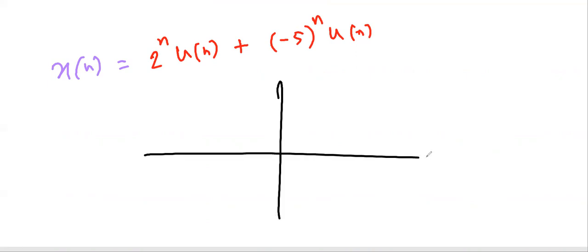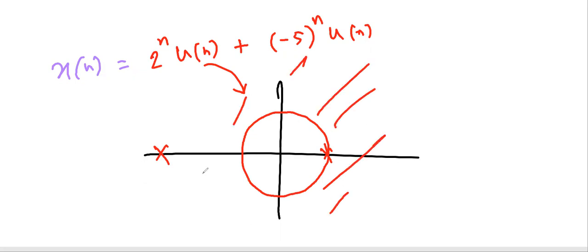Straightforward, we have two poles. One is at the location 2, another one is at minus 5. And now you have two circles. For the first figure, this is the circle, and the exterior is the solution, the ROC.